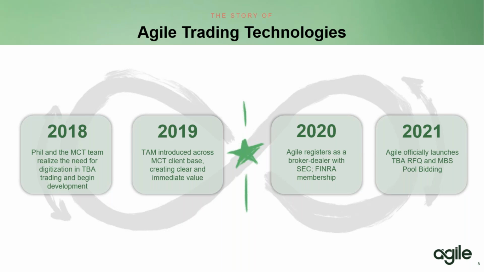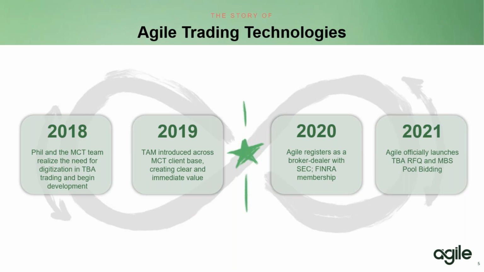Agile became an SEC registered broker dealer and FINRA member in 2020. Since that time, Agile has assumed the stewardship of TAM, developing or responsible for all the current functionality on the platform and also guiding all the future development.